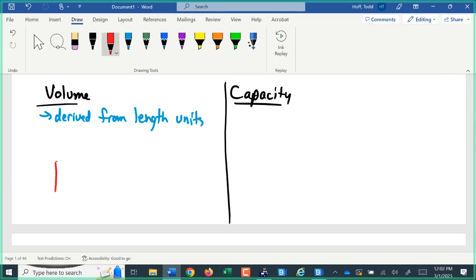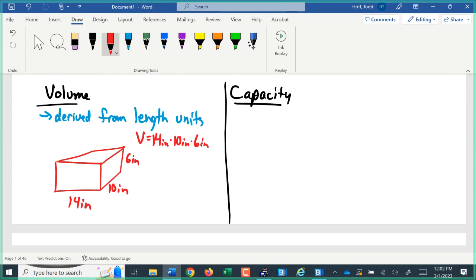For example, if you had a box that was 14 inches by 10 inches by 6 inches high, the volume was just 14 inches times 10 inches times 6 inches, otherwise known as 840 cubic inches.